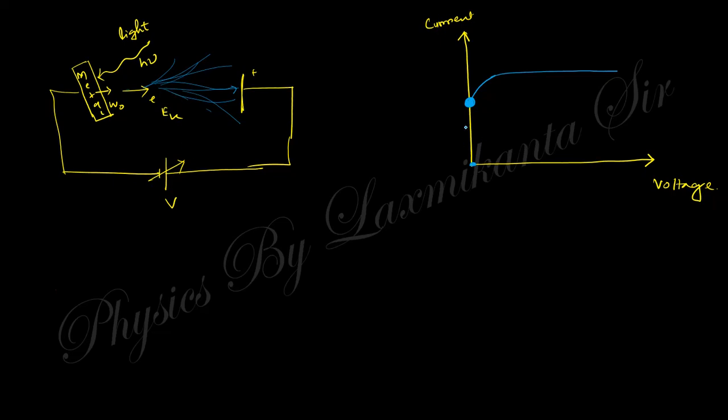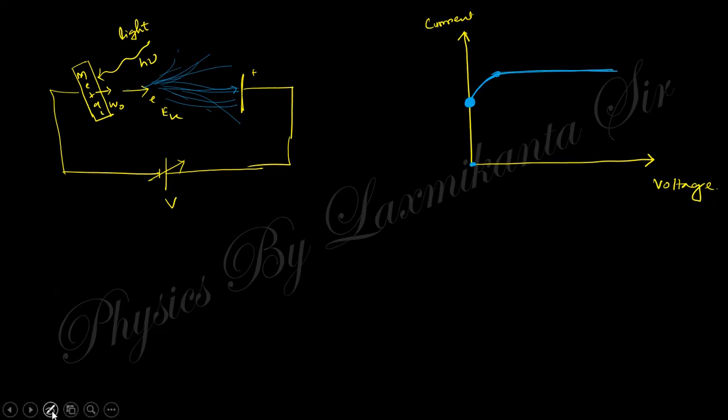With increasing voltage you increase the current, because some electrons are ejected and thrown away from this region, but when the voltage increases, they go to this plate. But there is a limitation of available electrons. When all electrons come to this plate, after that there is no increment of the current. The current will be saturated.